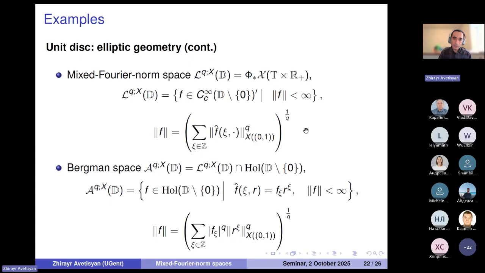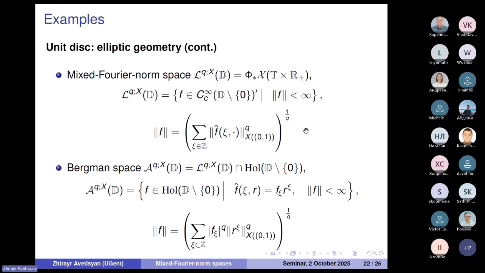So our mixed Fourier norm, when specialized to the unit disk, really gives what earlier authors considered as mixed norms on the unit disk. So it's a sum over the Fourier variable xi of Banach norms taken to the power q, and then the sum is taken to the power 1 over q.